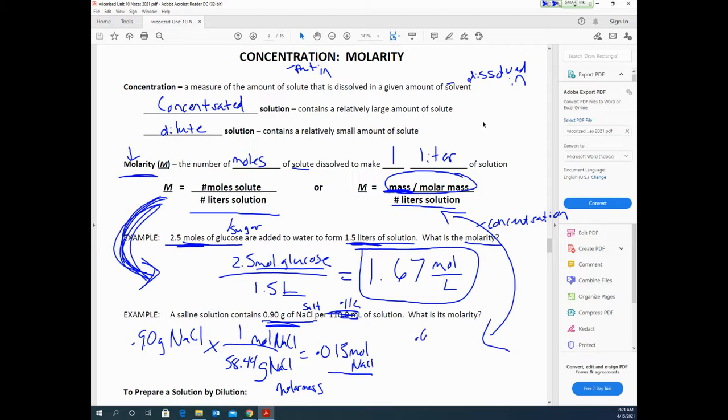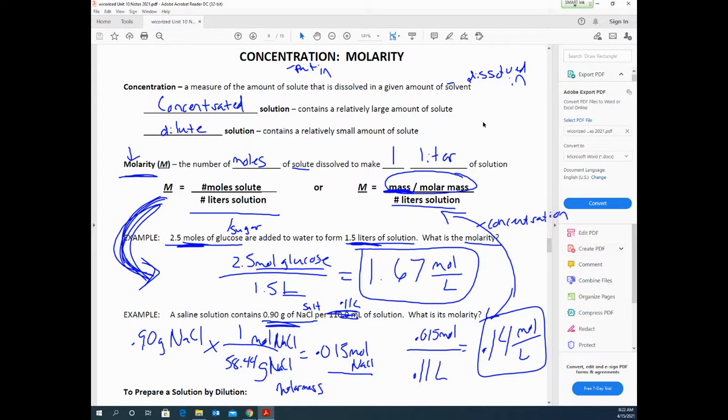I take my 0.015 mole and divide by the liters given, 0.11 liters. I'm going to move that arrow up. There we go. So 0.015 divided by 0.11 is equal to 0.14 mole per liter, which is the unit for molarity. That is the concentration. There we go.